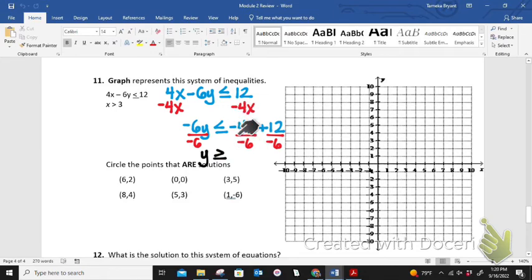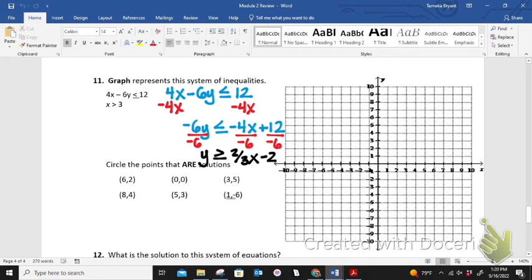So what happens when you divide two numbers that are negative? Two negatives become what? Positive. So 4, you could keep it 4/6, but 4/6 reduces to 2/3. So 2/3 x, and this is the error on the study guide. I think I put a 3, but 12 divided by -6 would be a -2.